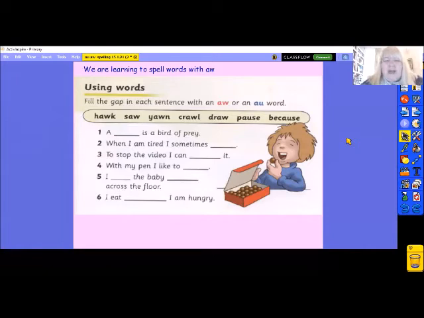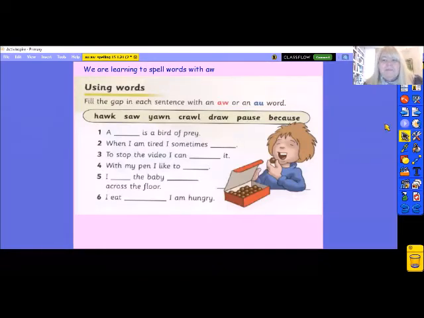Which words there will make a sentence? I eat, what's the gap there? I am hungry. What word would fit? I'll give you a clue. It's also a conjunction. See if you can use the right conjunction in that list to put into that sentence.